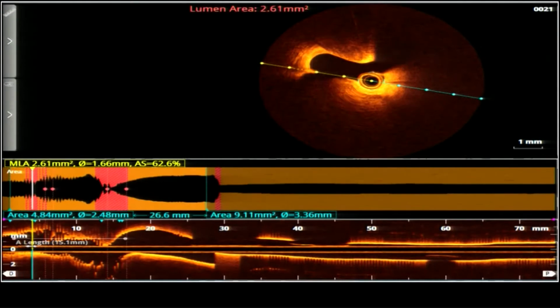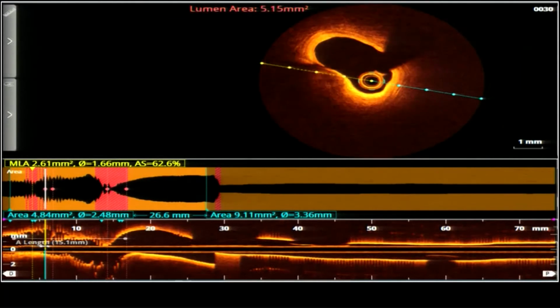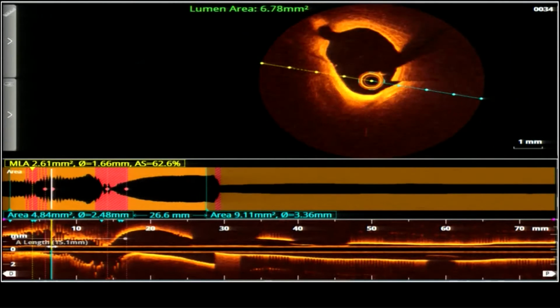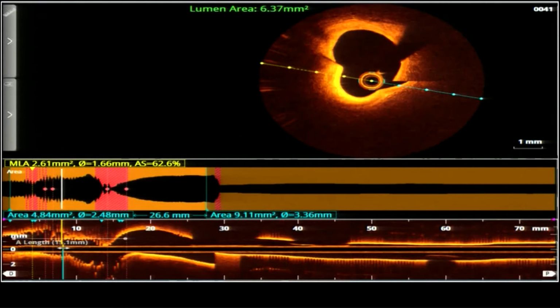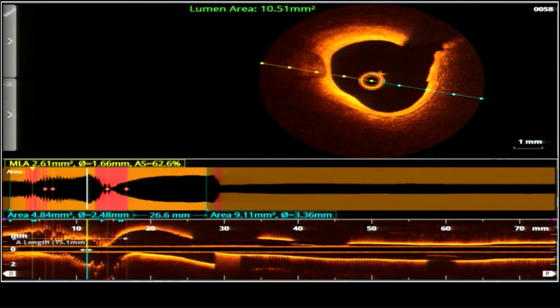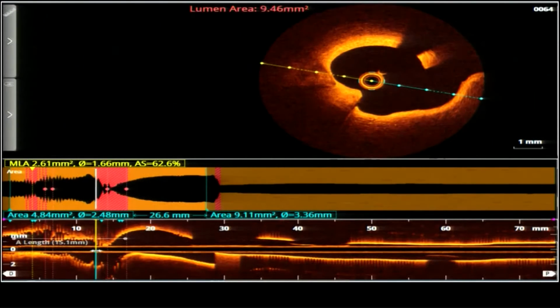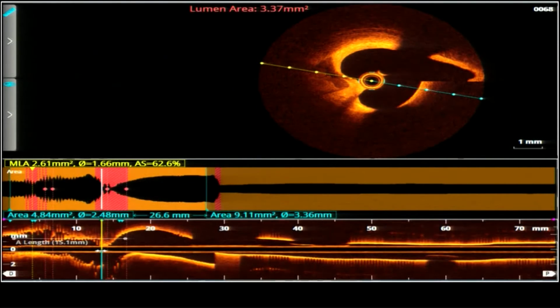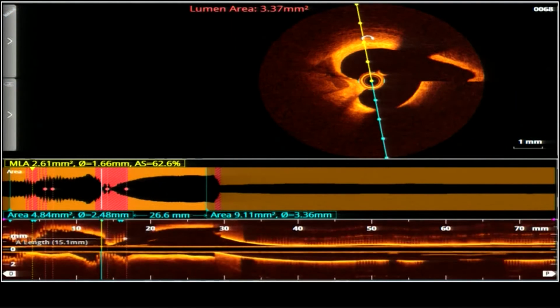Here you can see there is some significant plaque, some amount of disease, but overall luminal area is relatively good. But when it comes to the ostium, you can see significant luminal narrowing of the ostium of the circumflex as well.